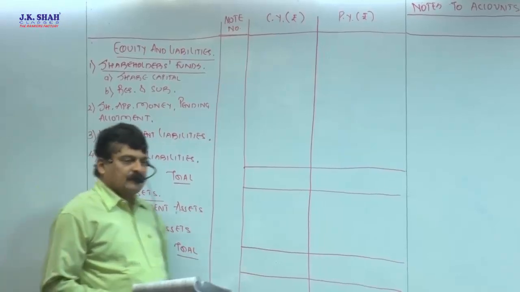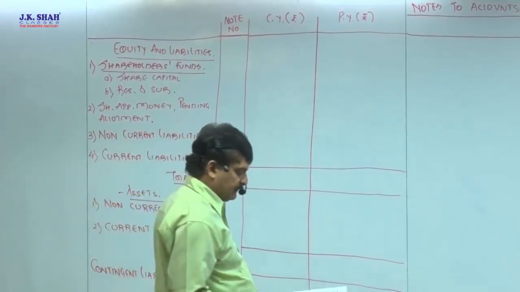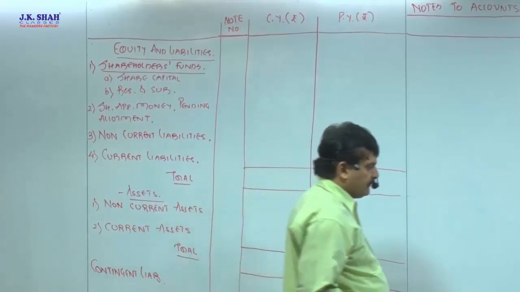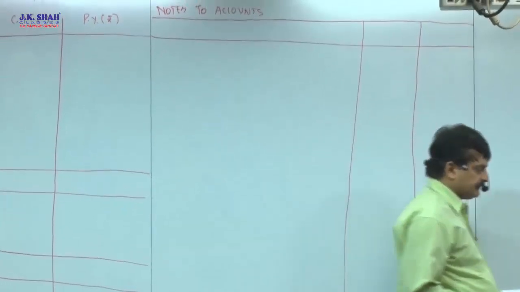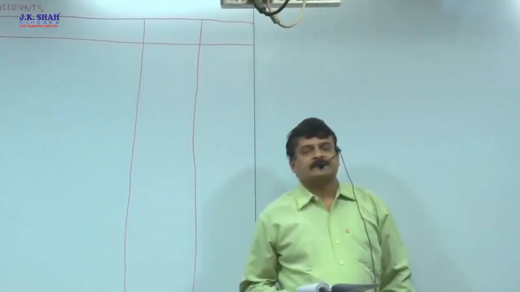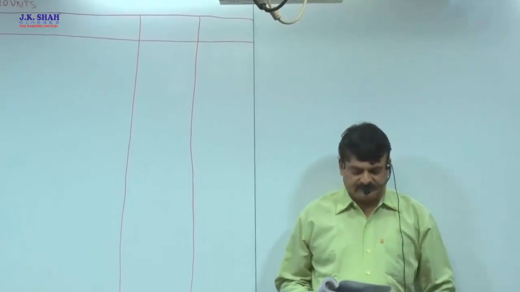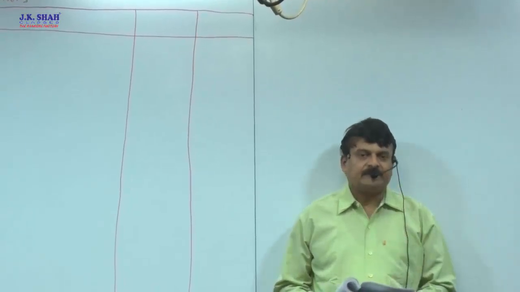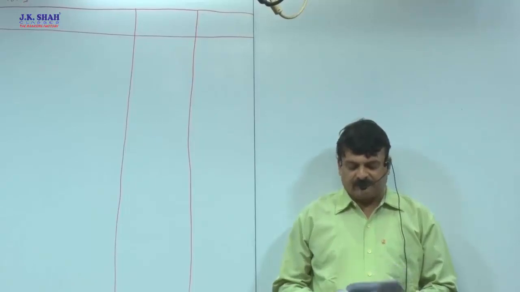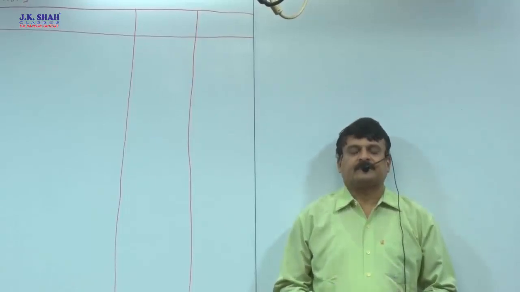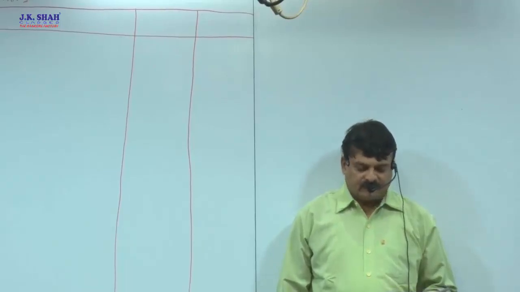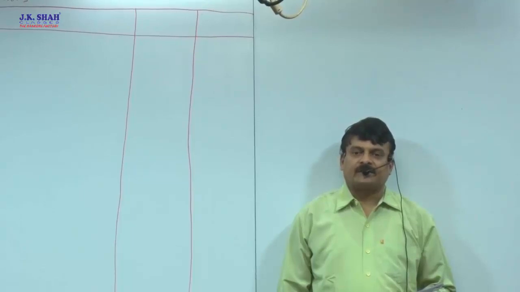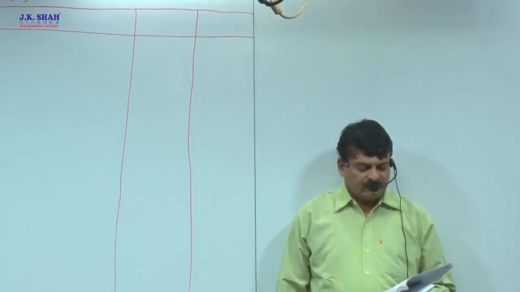Below that, assets. First one, non-current assets. A, fixed assets. Under fixed assets, subheading, tangible assets.